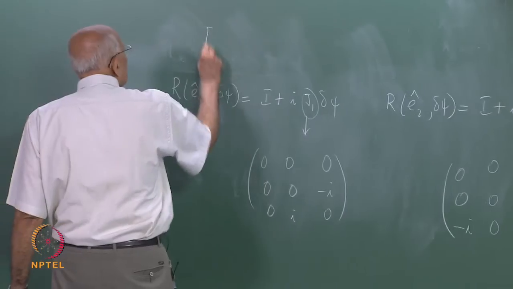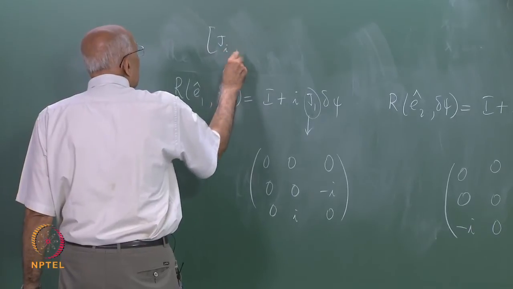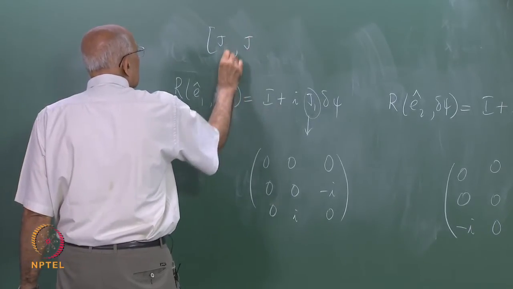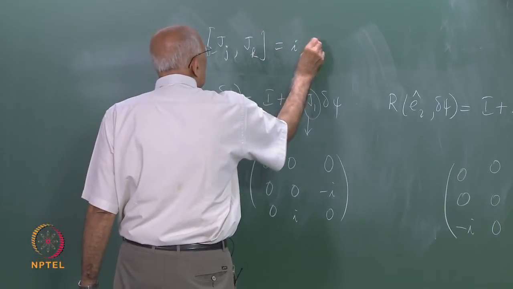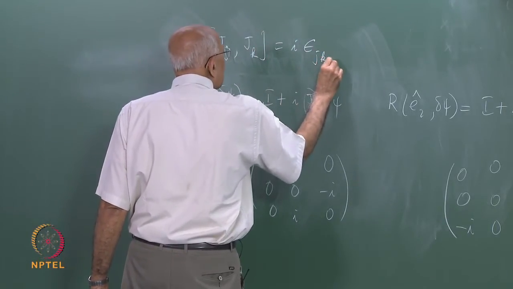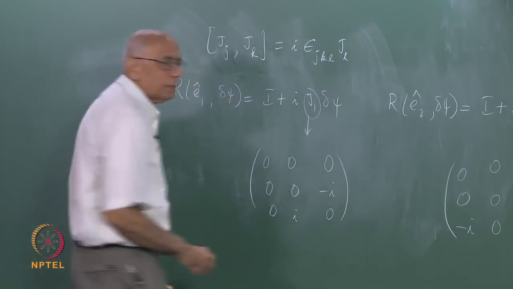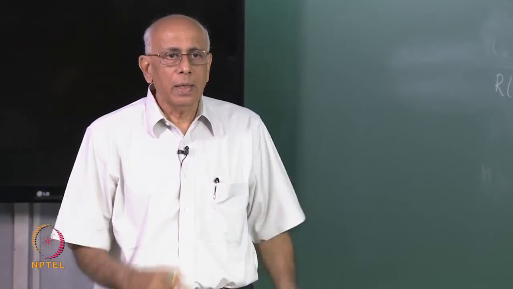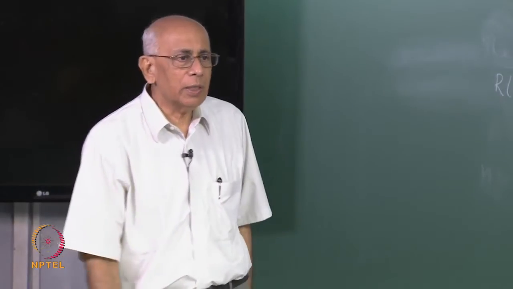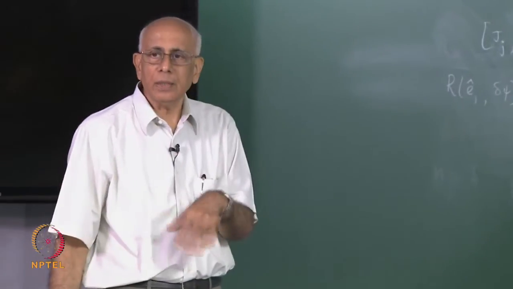So in this case it's not hard to show that the commutator of Jj and Jk is equal to i epsilon jkl Jl. Okay. So the commutator of any 2 of these is the third of these matrices in cyclic order. J1, J2 commutator gives you i J3 and so on.